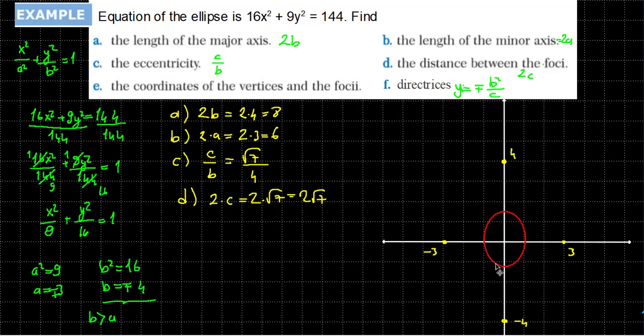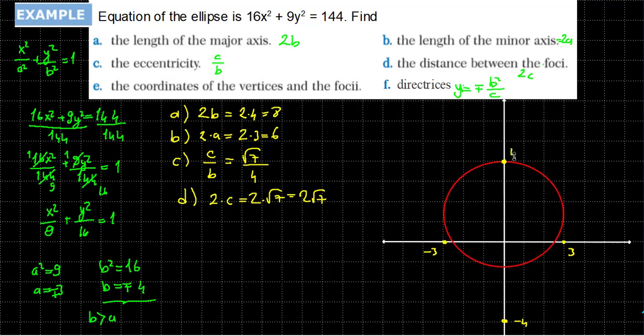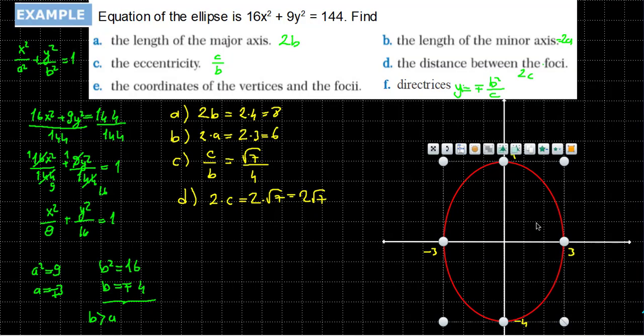If I put the origin, the center is at the origin. In the canonical equation, the center should be at the origin. That's also important. Here to this side, then to this side. Here is our ellipse, and the coordinates, let me write here.